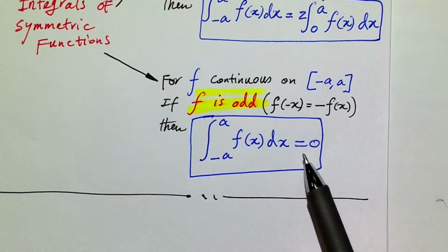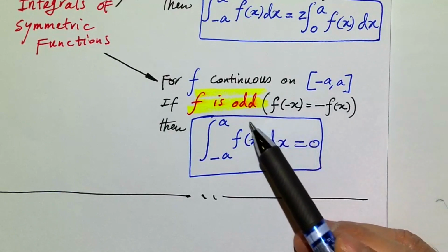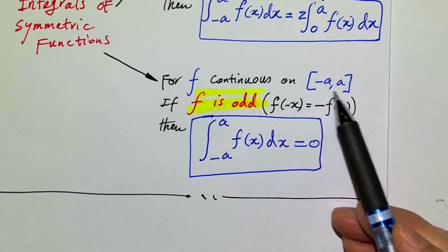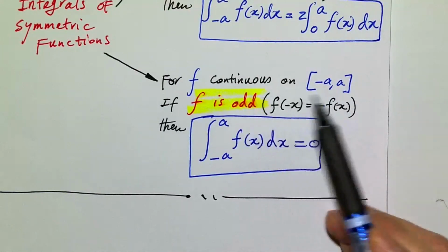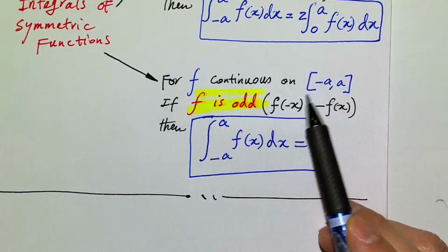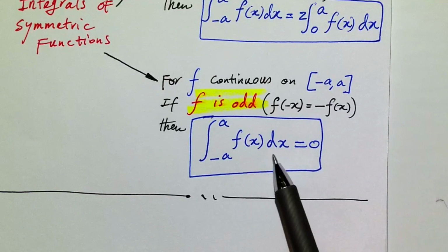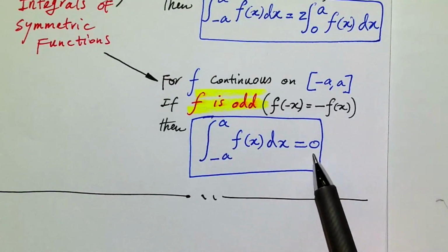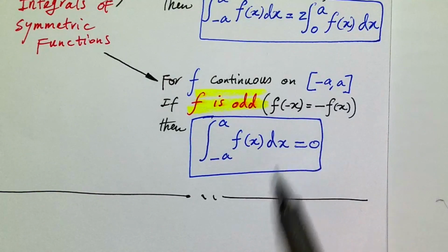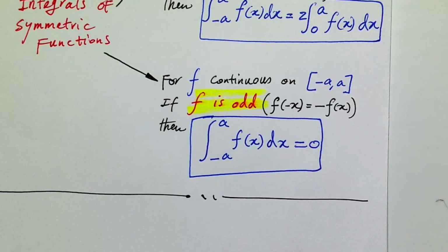Now, if that's true, and we are integrating such an odd function from negative a to a, where the function f is continuous over this closed interval, then that integral is equal to 0. It's simple, especially when you take classes such as Math 283 or Calculus 3, and even in Calculus 2, this simplifies many integrals.